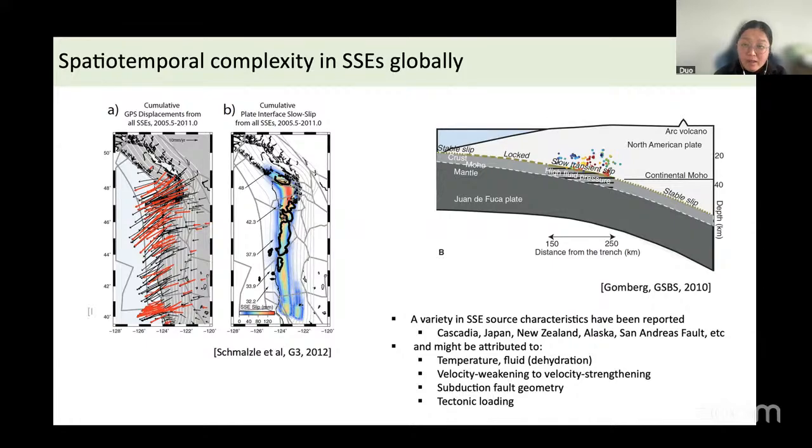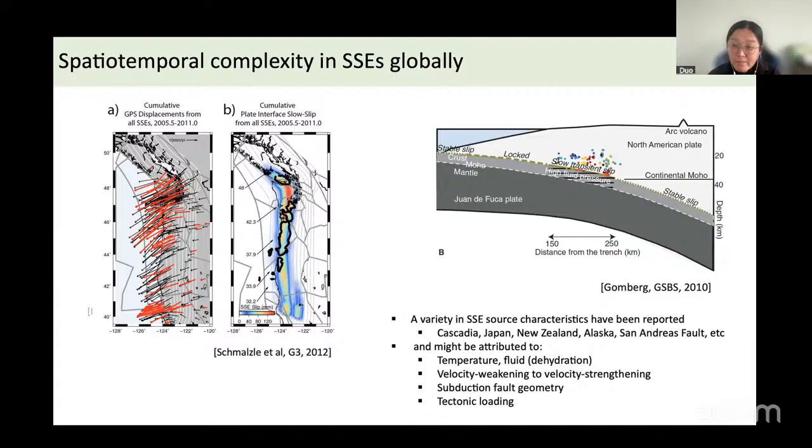If we look at a cross section of the slab, we can see most of the colorful dots showing the appearance of slow slip and low frequency earthquakes at depths between the locked part, which is above 10 kilometers, and the stable sliding part, where the fault becomes ductile due to the temperature increase.